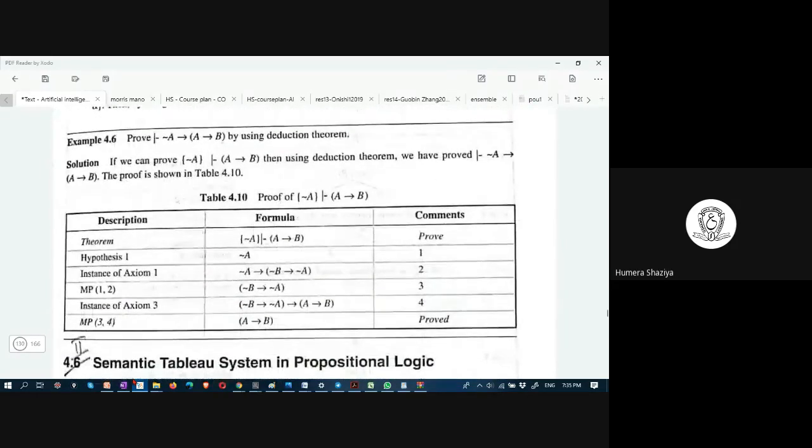Moving on to another example. Prove not A implies B by the deduction theorem. And what is the solution?